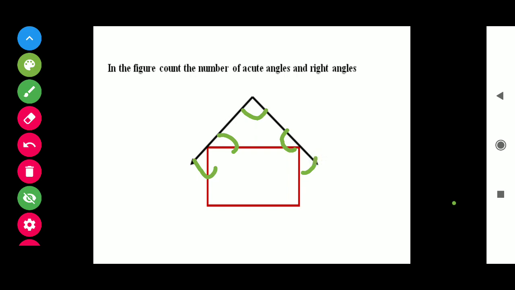These all are acute angles. Okay. So I will give you names so you can write down. Suppose this first one, second one, third one, fourth one and fifth. So 5 acute angles are given over here.